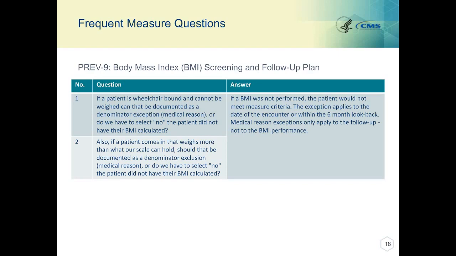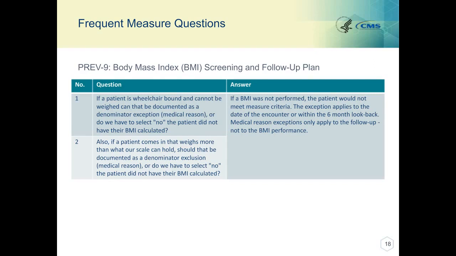Or do we have to select no, the patient did not have their BMI calculated? And the second question is, if a patient comes in that weighs more than what our scale can hold, should that be documented as a denominator exclusion medical reason? Or do we have to select no, the patient did not have their BMI calculated?